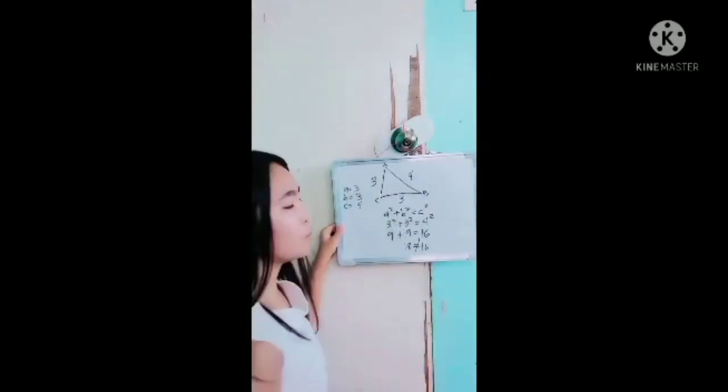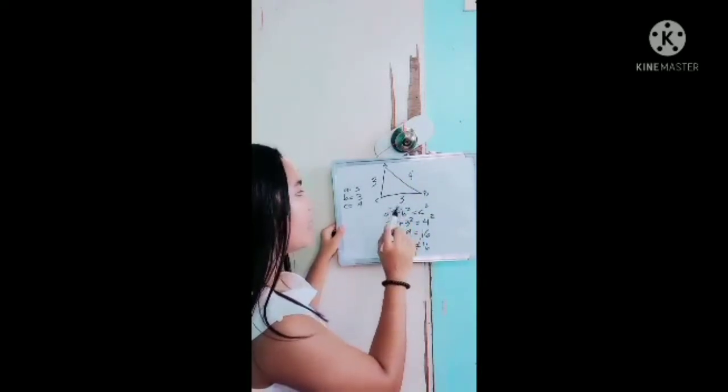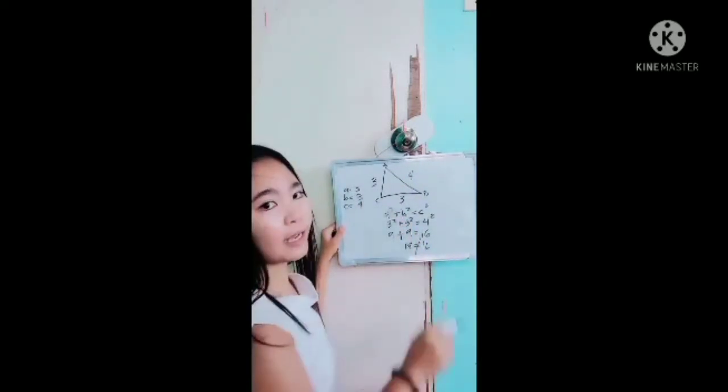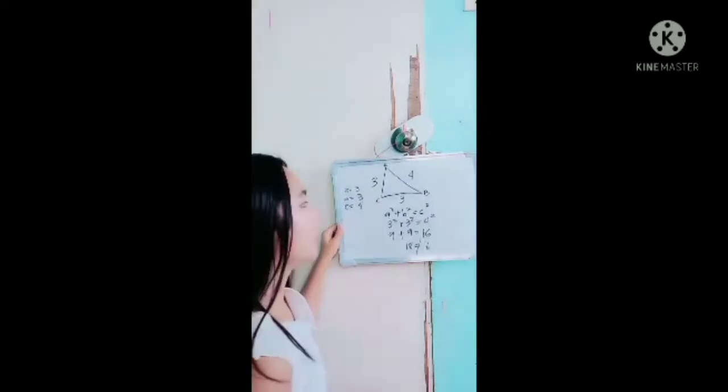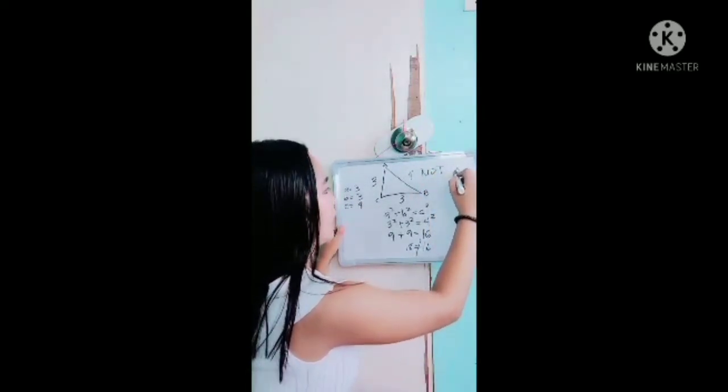Therefore, we can conclude that triangle ABC that has sides 3 and 3 and a hypotenuse of 4 is not a right triangle.